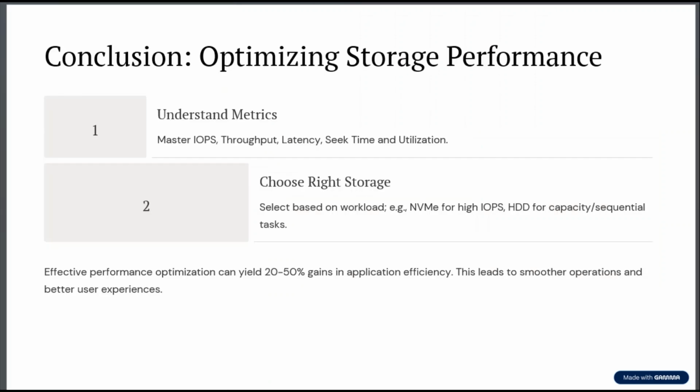Now for the conclusion, understanding the metrics. We use these disk performance parameters to understand the metrics, master the IOPS, throughput, latency, seek time and utilization, for further choosing the right storage based on workload.